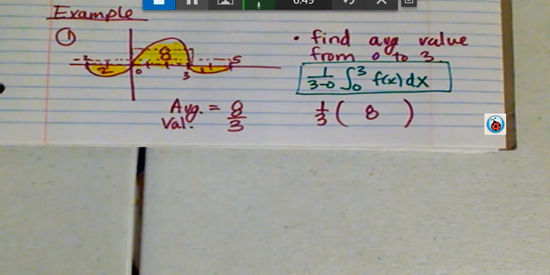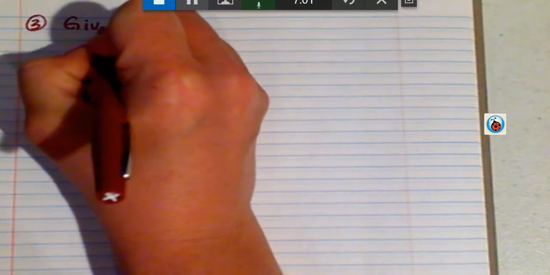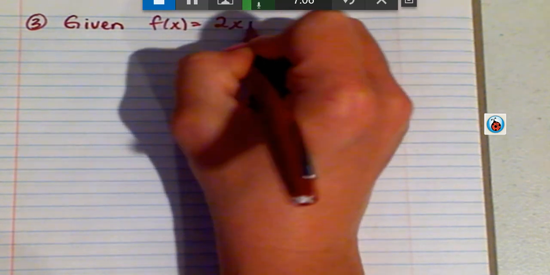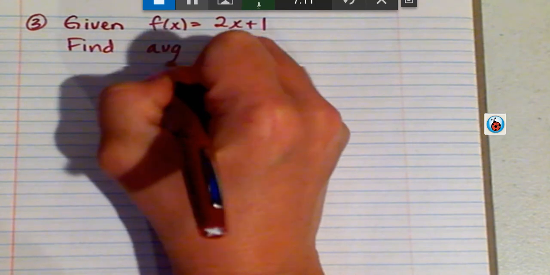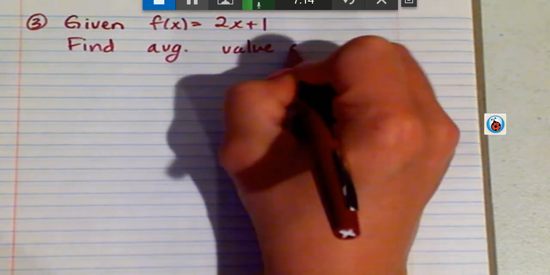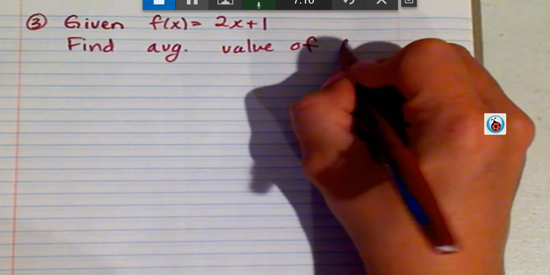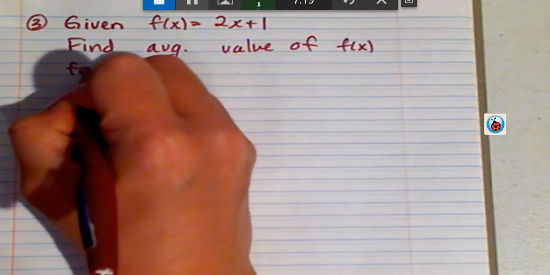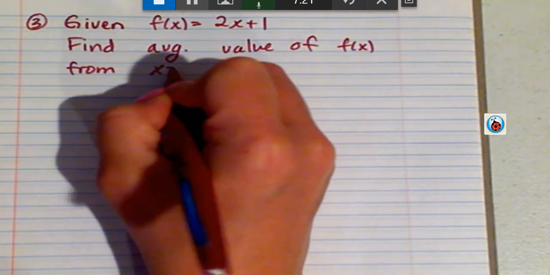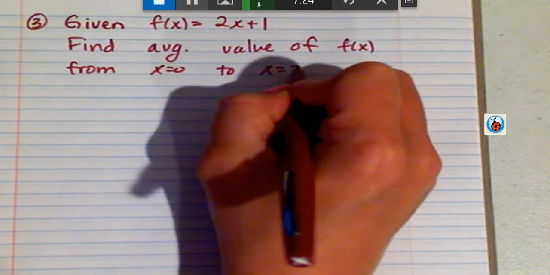Like I said, I was going to try to keep this to not more than 10 minutes. So here we go. Now I'm going to do it algebraically. Given f of x equals 2x plus 1, find average value of f of x from x equals 0 to x equals 3.